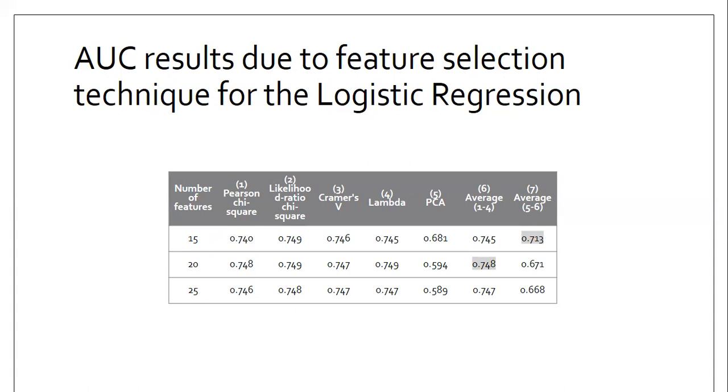So we are decreasing the number of features to 15, 20, and 25. And according to these criteria for the logistic regression, the optimal number, the highest AUC value, is for 20 features if we take into account the first 4 criteria.